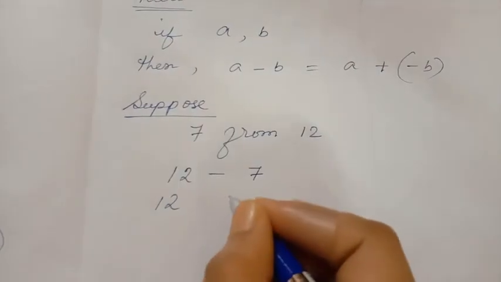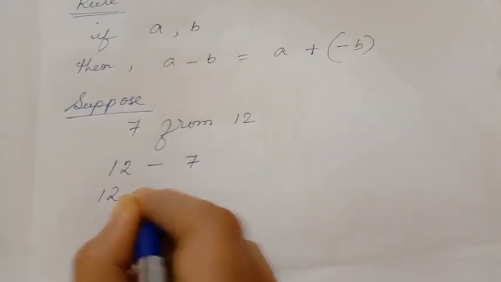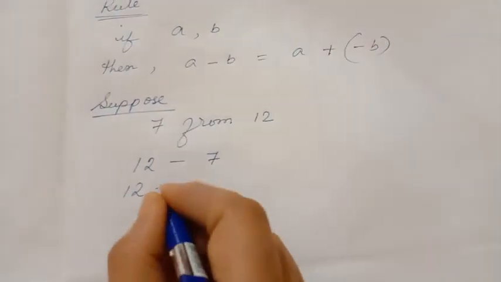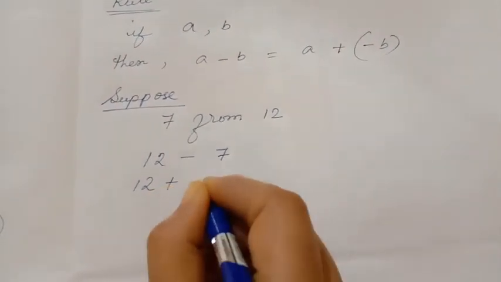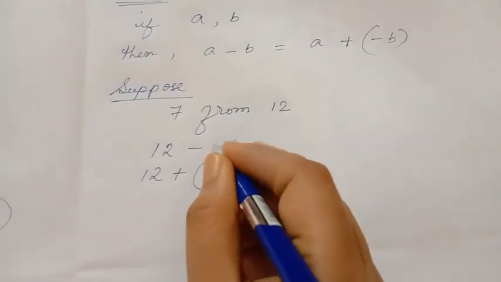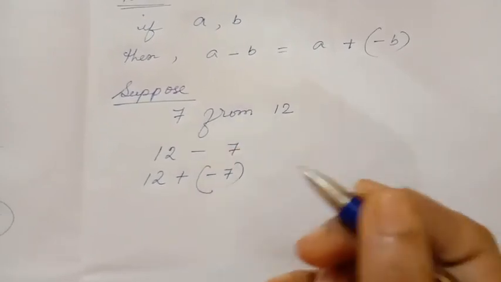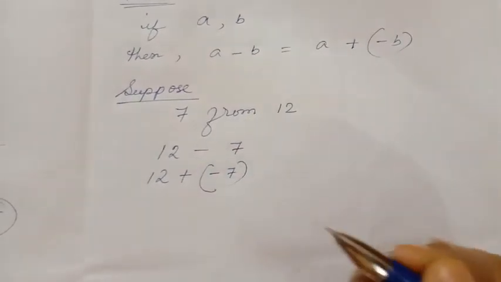If we change it to the addition mode, what we have to do? By following this rule, 12 plus minus 7. We are changing the sign of the integer that is to be subtracted, that is from positive to negative.